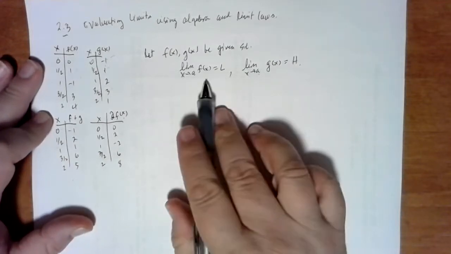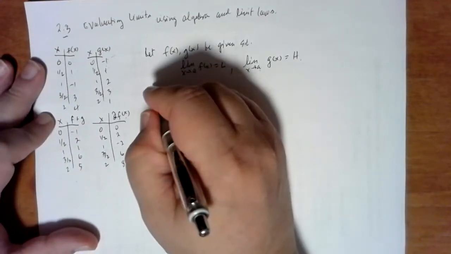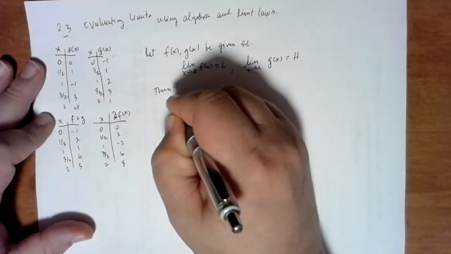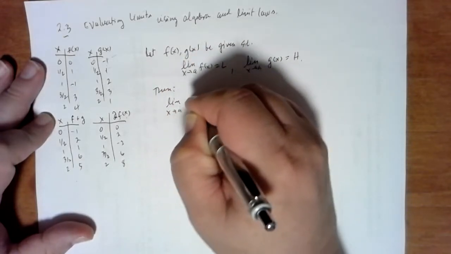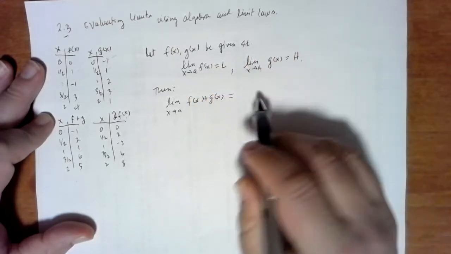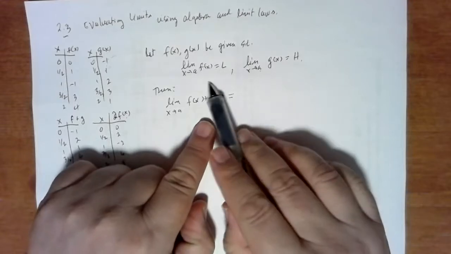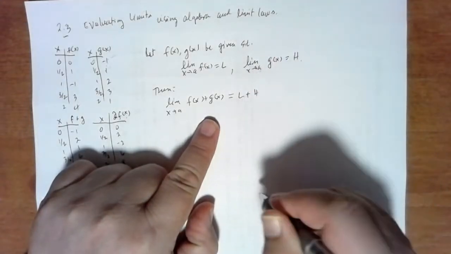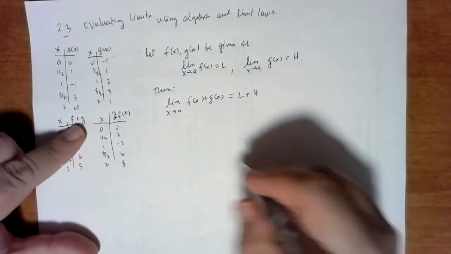Okay, so if these two are true, then it's possible to say that the limit as x approaches a of f of x plus g of x is equal to, can you guess? Did you guess that it was L plus h? If you did, then you were correct.